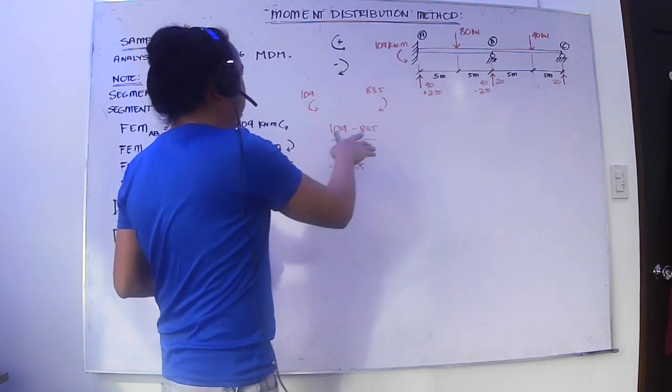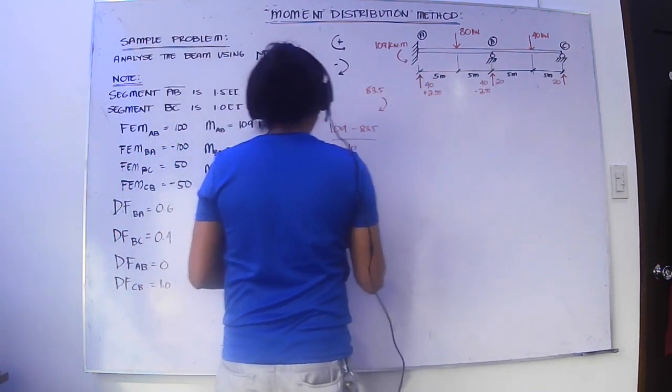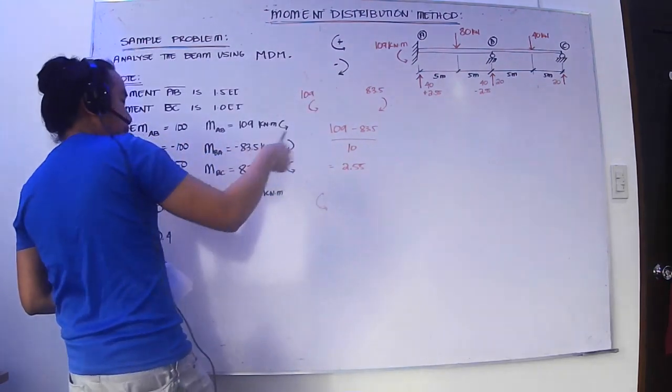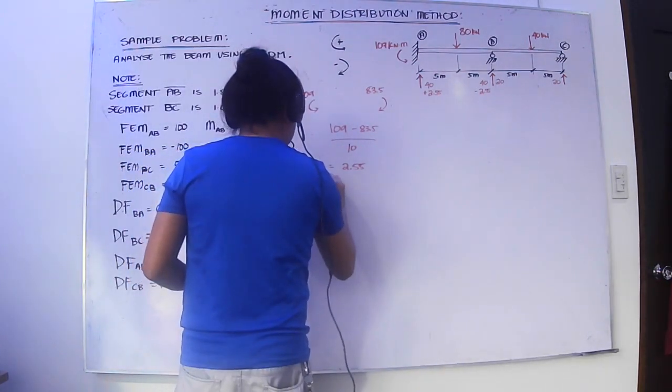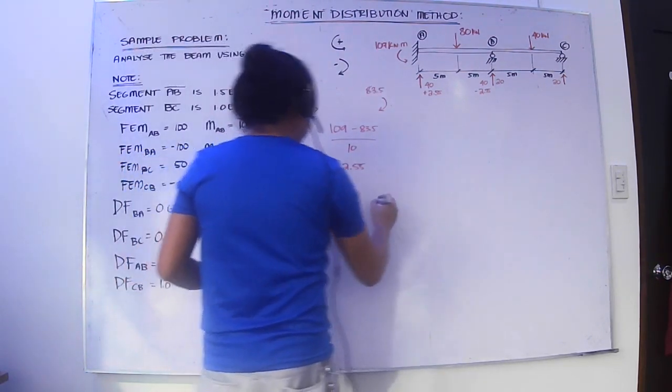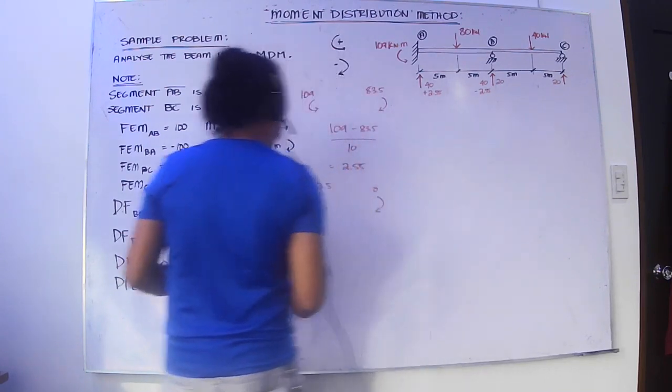On the other side, we're dealing with the moment at B. The moment at B is 83.5 and the moment at C is 0.